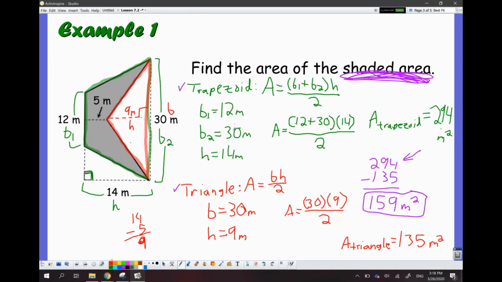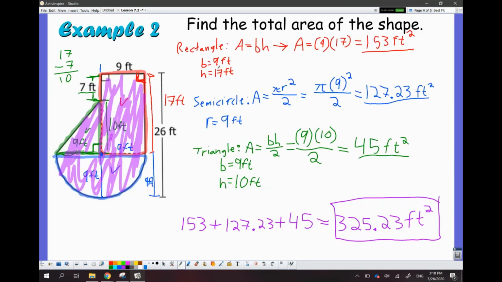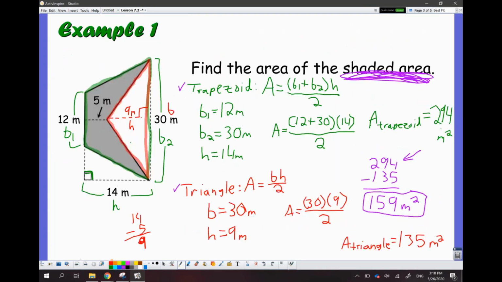We need to start by identifying what shapes our figure is made from. And knowing the shapes that I have, then I'm finding the area of each one individually. So that once I have their areas, then I can combine them to get a total area, or I can subtract them to get a shaded area.